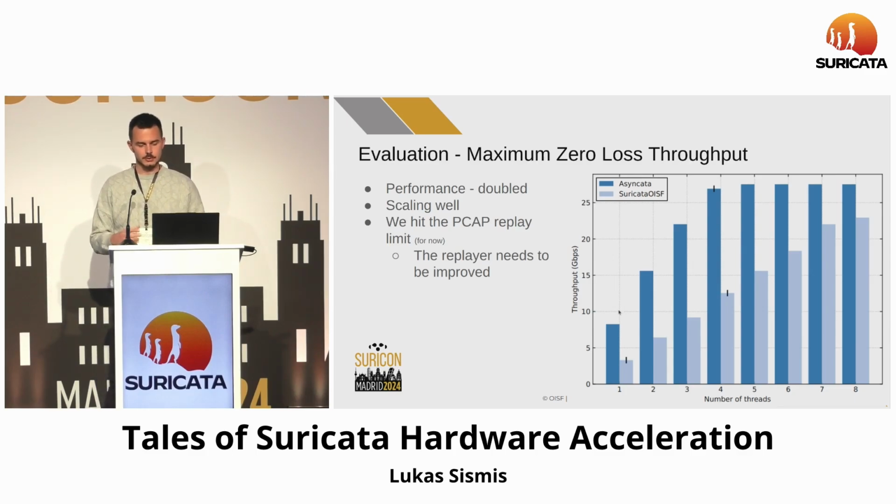But basically, this plot shows that we continuously beat the SuriCata baseline version. In this graph it shows doubled performance. This needs to be confirmed if it is doubled, but we could see at least a 40% improvement.